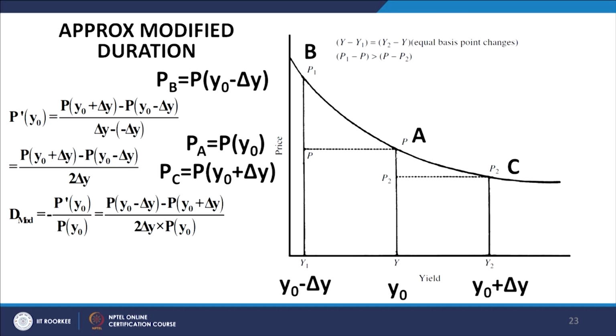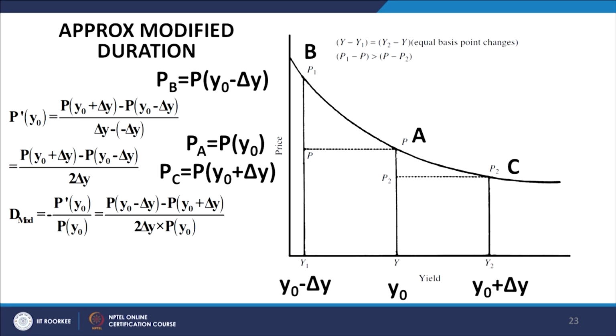So, the slope, that is P dash of y at the point y 0, can be approximated as P C minus P B divided by 2 delta y.